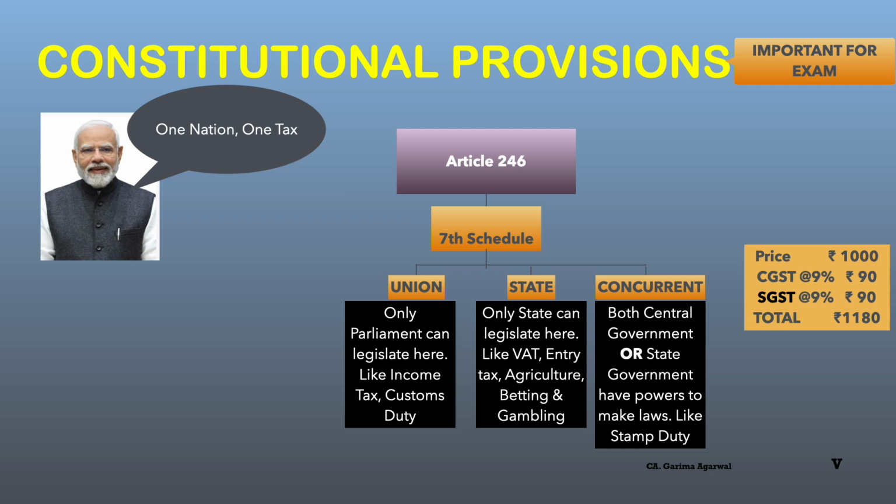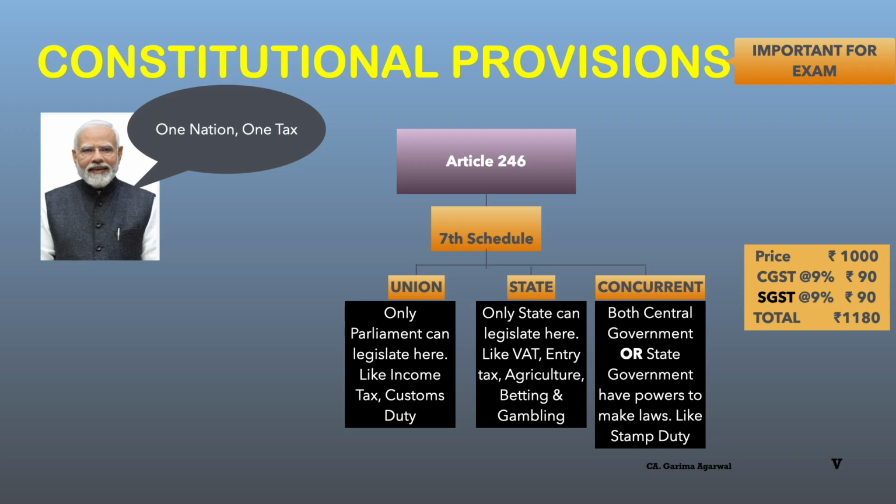Instead, a unique solution was chosen, introducing Article 246A via the 101st Constitutional Amendment Act 2016, which grants special powers to both Parliament and state legislatures to legislate on GST.